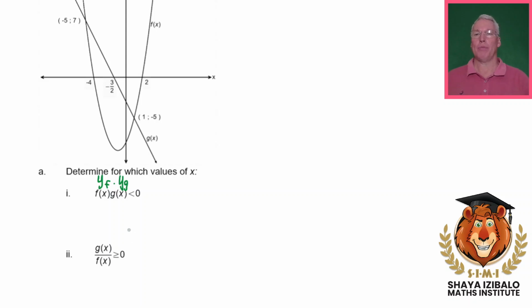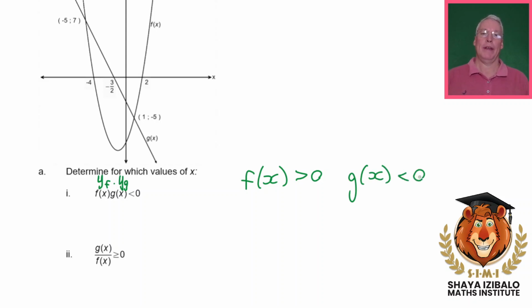We get a negative product by having either f of x positive while g of x is negative, or the other way around: f negative while g is positive.